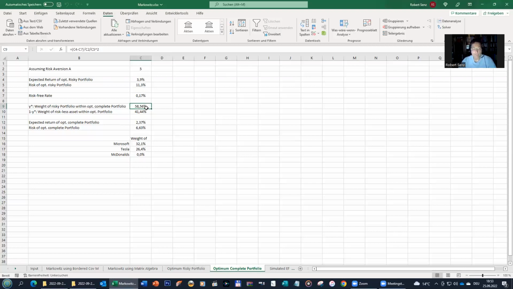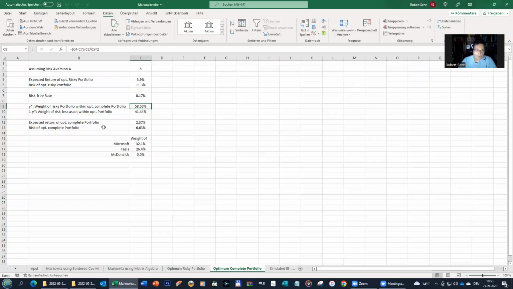This gives me 58.5%. So the weight for my personal optimum complete portfolio is 58% market portfolio and 41 point something percent riskless asset.